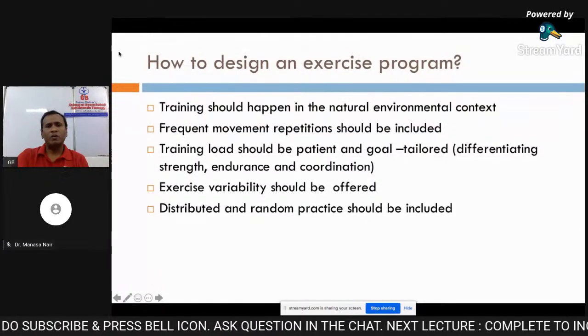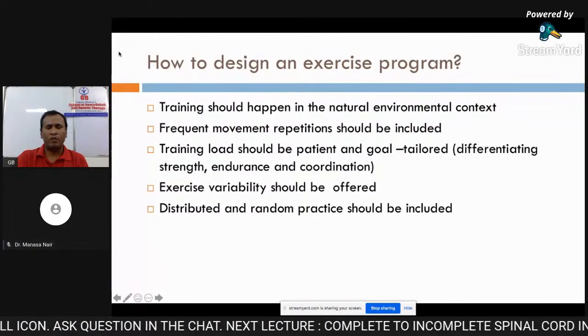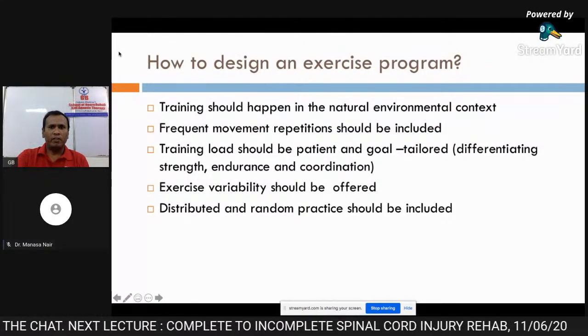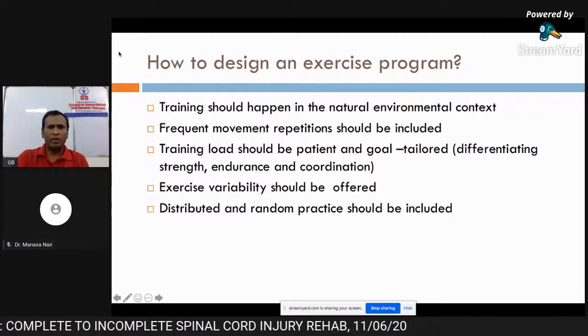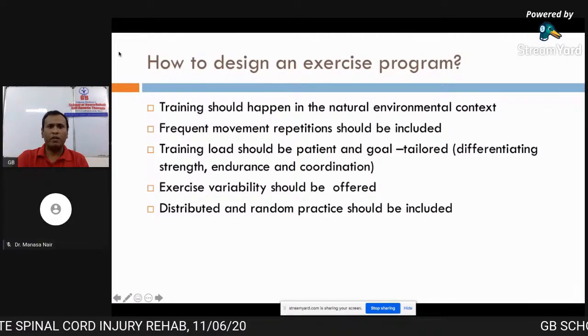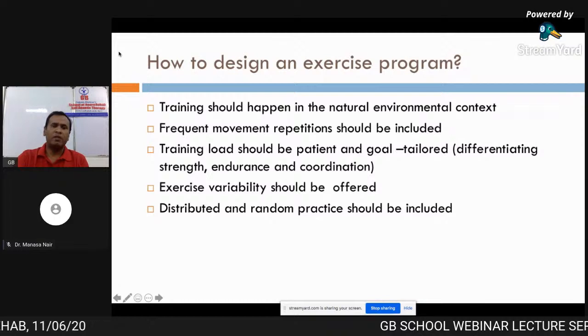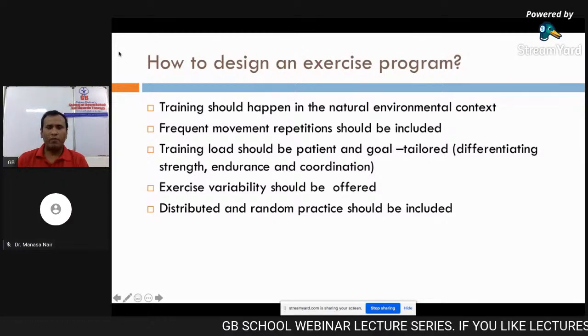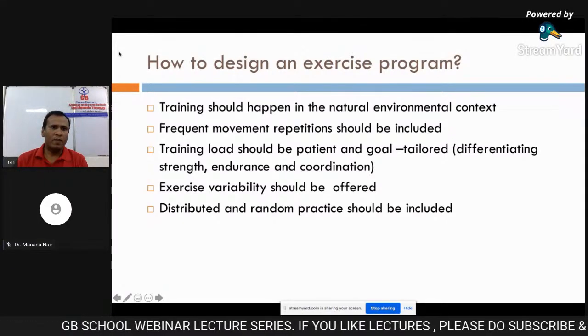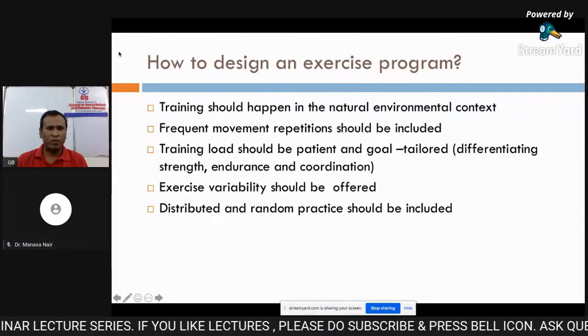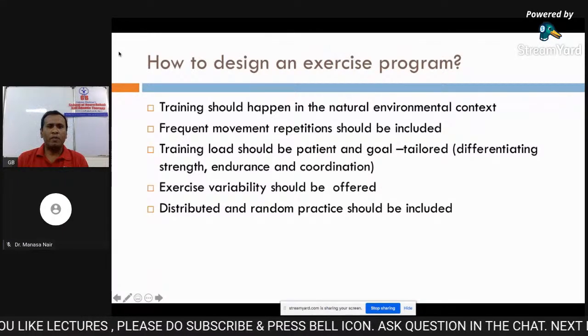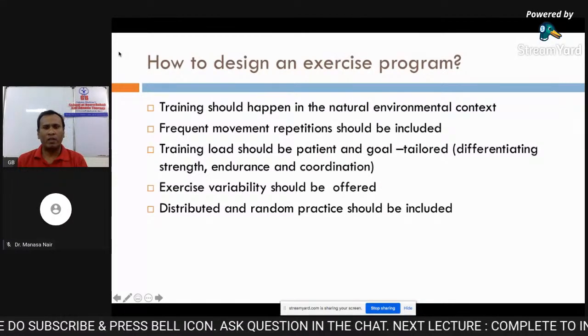So how should we design the exercise program? What are the points that should be considered? So in designing, we should include that the training should happen in a natural environmental context. So we try to keep the environment as natural as possible. Frequent movement repetition should be included. Training load should be patient and goal tailored.